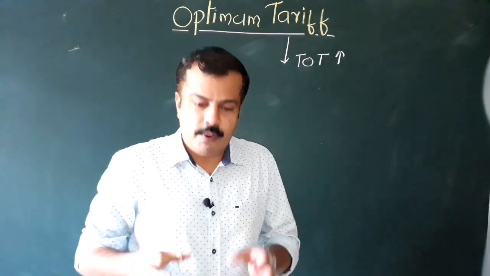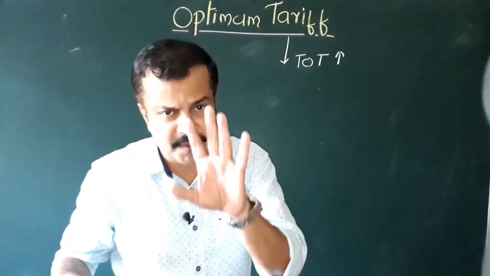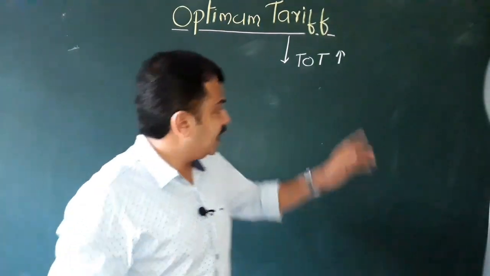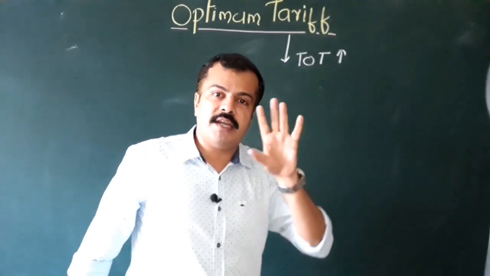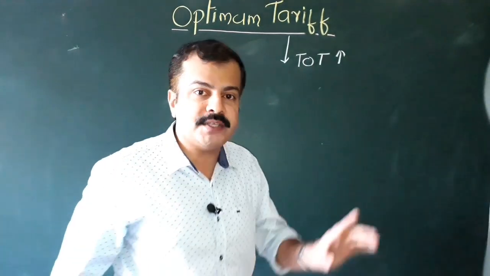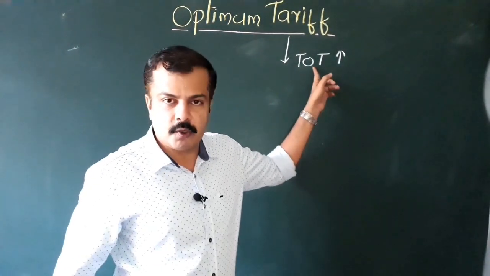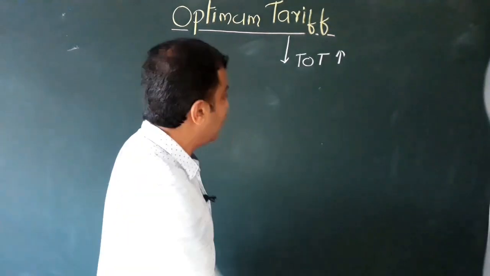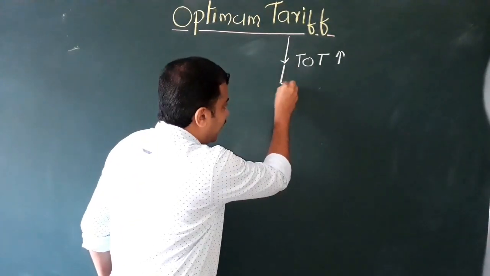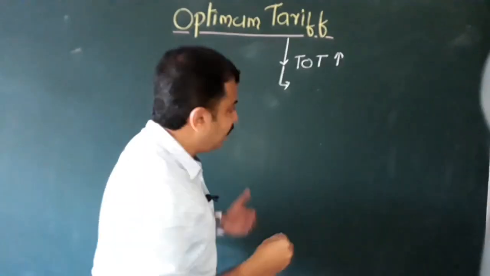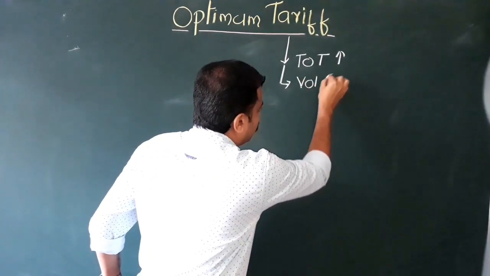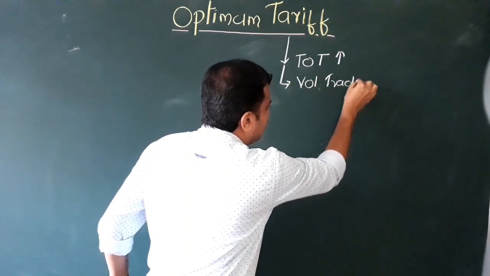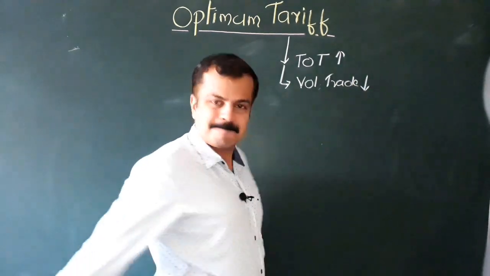That means when a large country, because we will be focusing on large countries, imposes tariff, the terms of trade of the tariff imposing country will improve. At the same time, we know that when there is an imposition of tariff, the total trade, or the volume of trade, will decline.